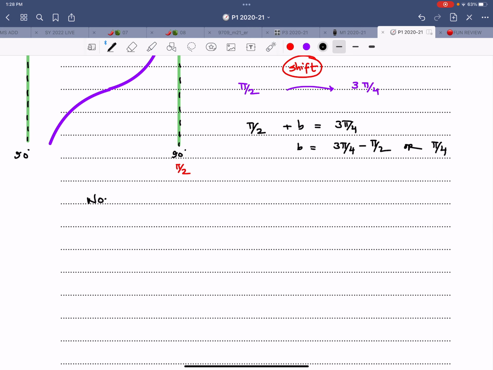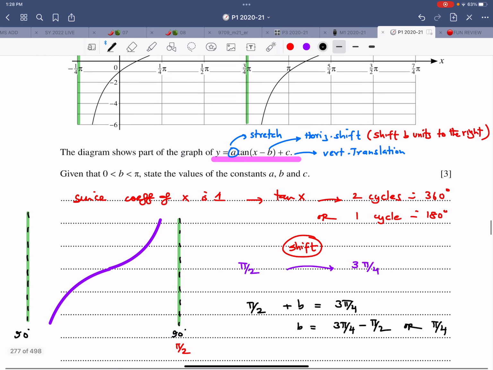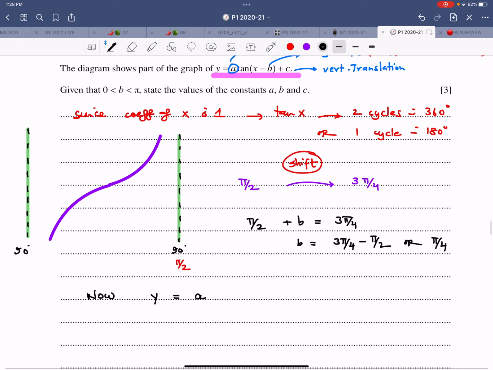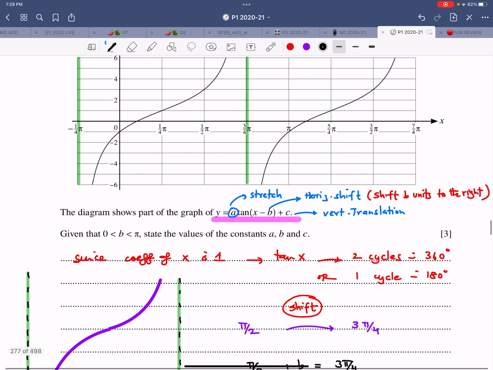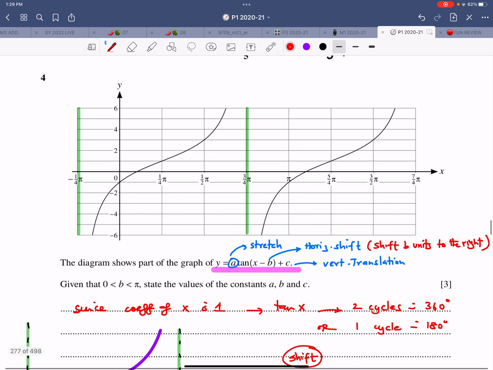Now let's proceed. Y equals A tangent of x minus pi by 4, plus C. And now you can plug in values and evaluate. Take any two values. Let me choose this value. This looks nice. Let me choose this value. I can even choose this value, anything that you like.